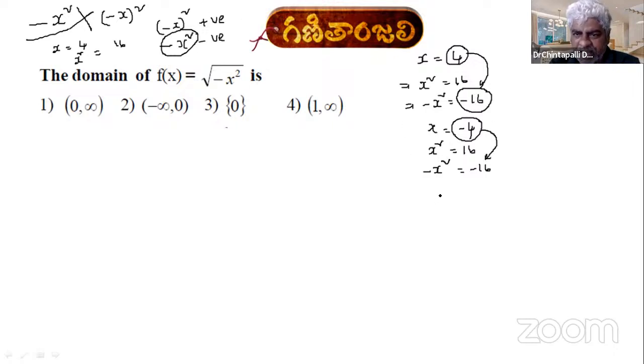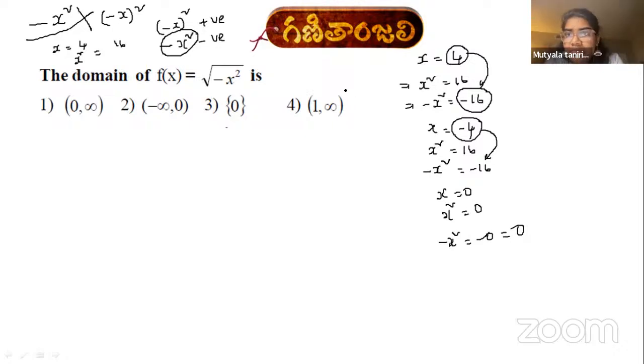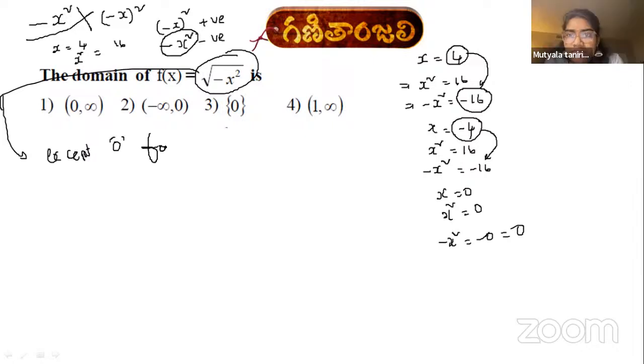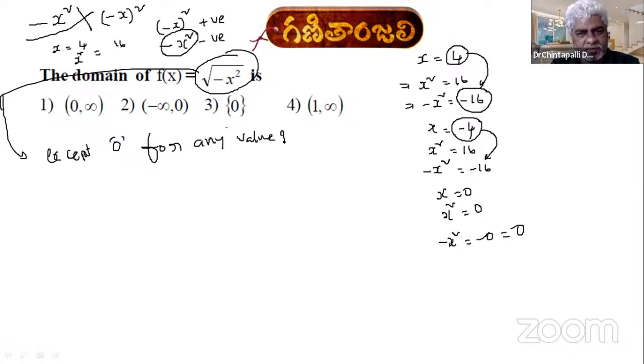So only for x is equal to 0: x square is equal to 0, minus x square is equal to minus 0, which is equal to 0 only. Except 0, for any value of x, minus x square is negative.